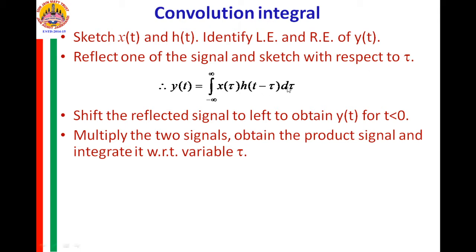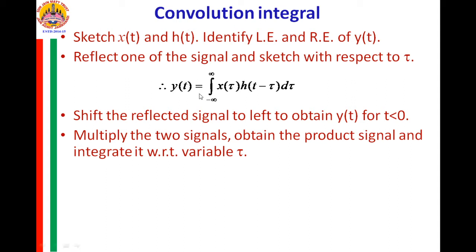This is what here. So, one of these signals is here, in this case it is x of tau, and the reflected and shifted signal is h of t minus tau. So, one signal you keep as it is, the other signal you reflect and shift. So, reflect, shift, multiply, obtain the product and then integrate is the rule of evaluating the convolution integral.